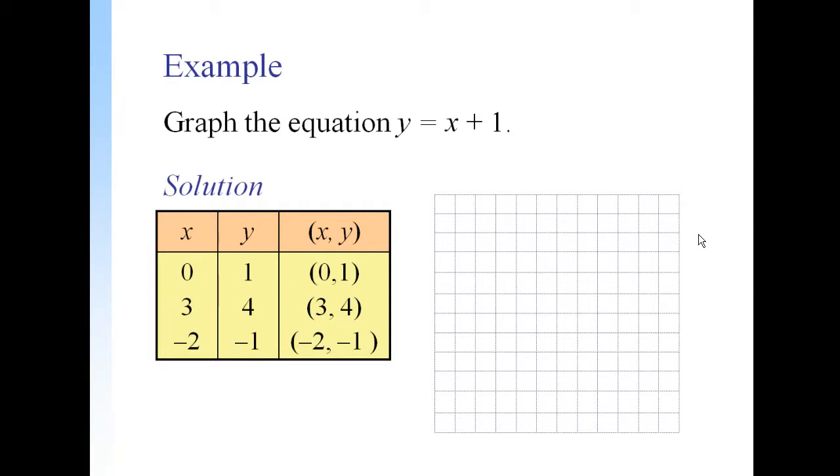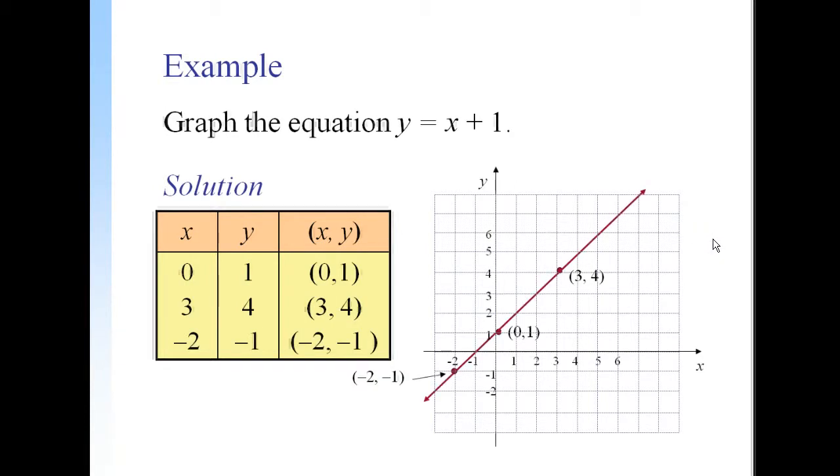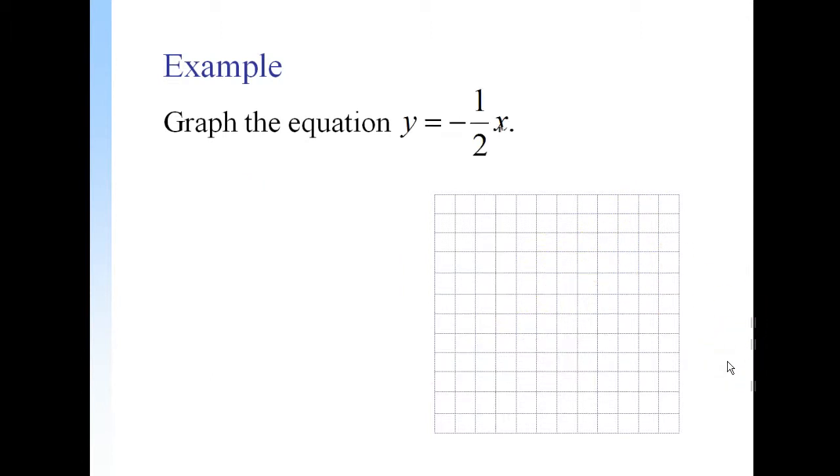So that's their t-chart, and they made it a little bit to the side, and there's the line. Notice we had this point, and this point, and there's an infinite number of points along this. All right, how about this one? Well, again, we're going to use the same technique.